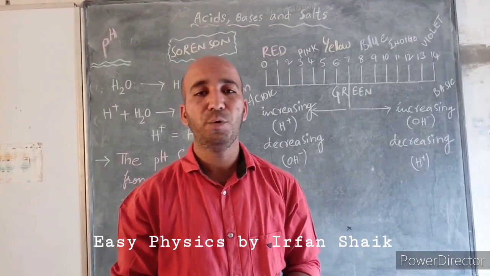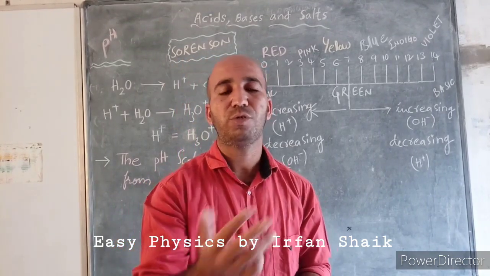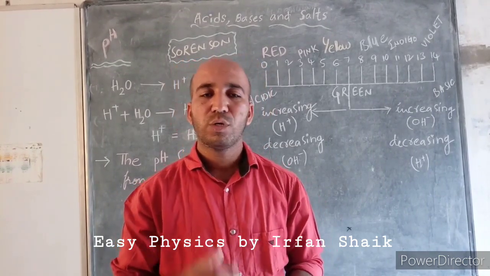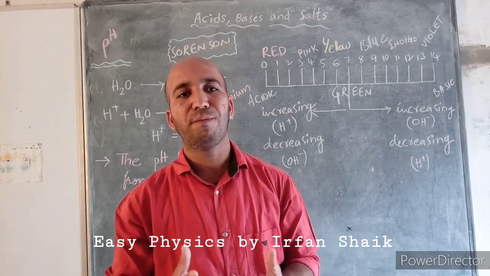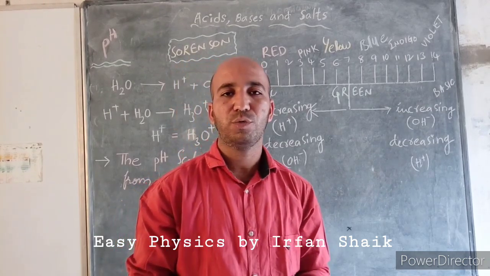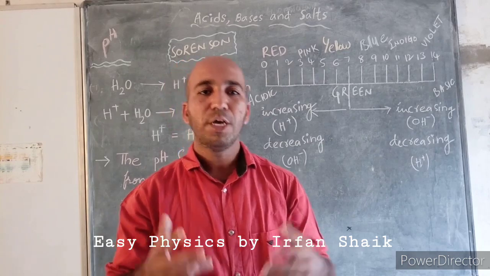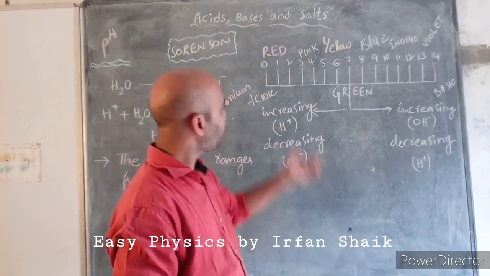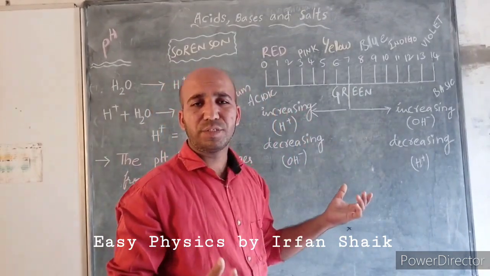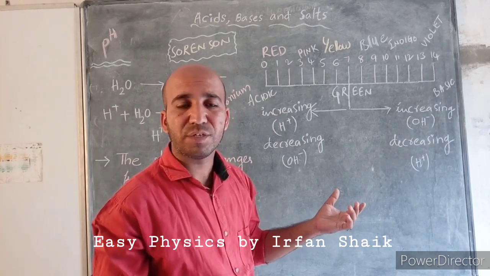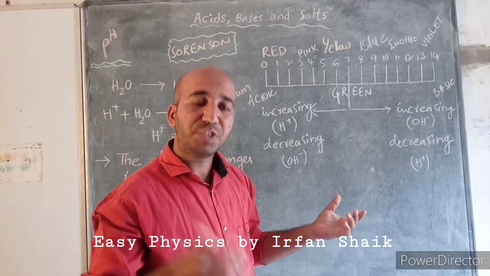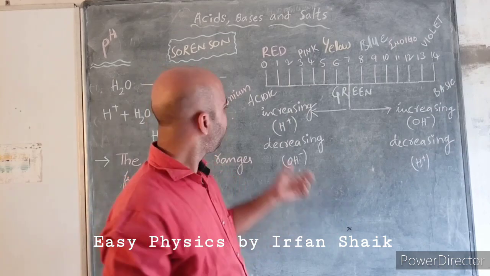Its pH value is almost equal to 7. And also blood, the pH value of blood is almost equal to 7, so that is also a neutral solution. Now let us discuss how the strength of an acid or a base changes or increases.